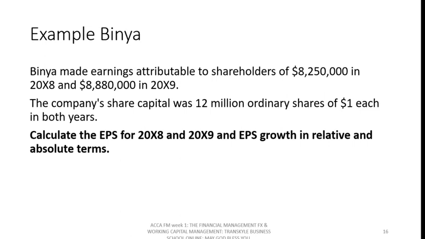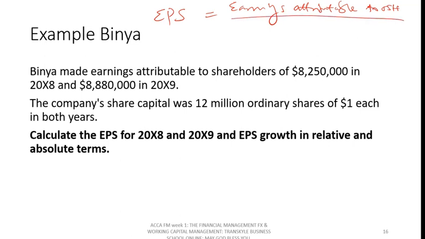Now let's start the computation. Remember, earnings per share is equal to earnings attributable to ordinary shareholders over the weighted number of ordinary shares. So simple, isn't it?